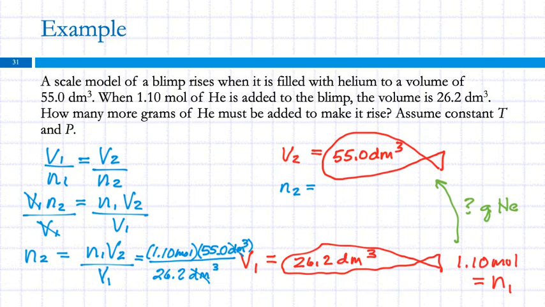I ended up with negative 0.999, which is just not even possible. I pressed minus instead of times. 2.309, that's better. So N2 equals 2.309 moles. That would have 3 significant figures. 2.3091, and keep 2 extras.